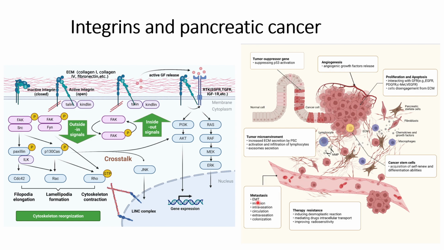Another important role that has been found is that it provides resistance to the therapies used to treat pancreatic cancer, through various ways. Some of them are mentioned here, such as through inducing desmoplastic reaction.